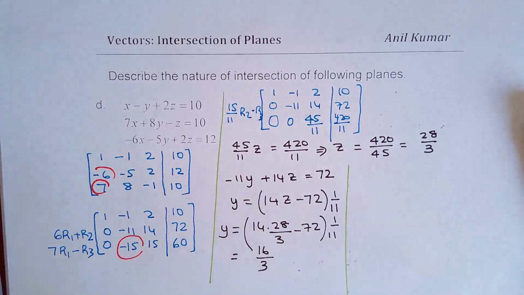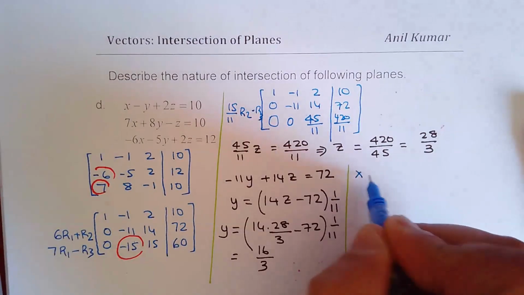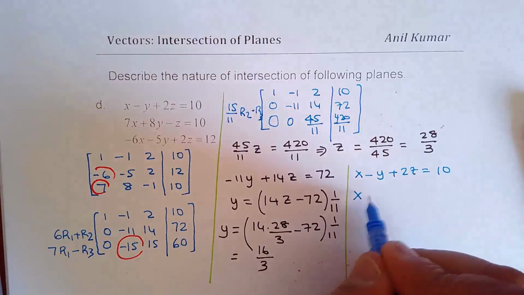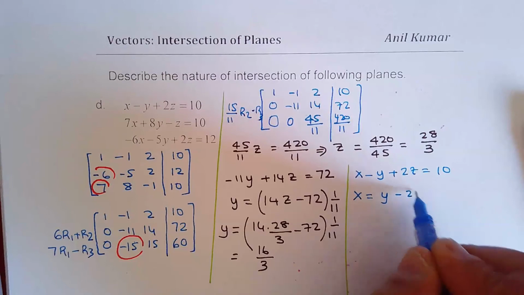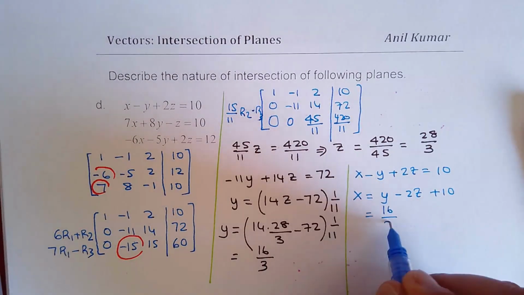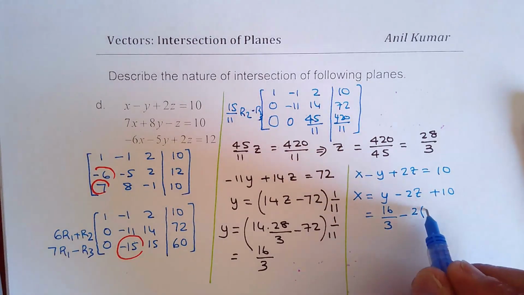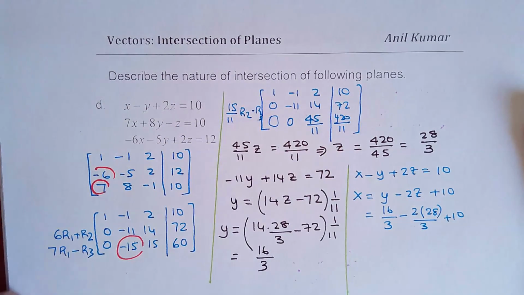Now we can use the very first equation to find x. It is x minus y plus 2z equals 10. x equals y minus 2z plus 10, which is y is 16 over 3 minus 2 times z is 28 over 3 plus 10. So let's calculate this also.